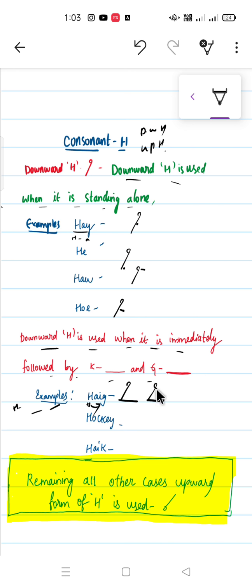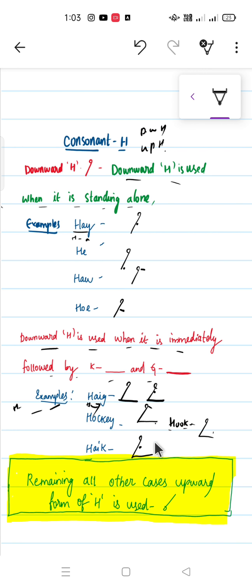That's why H downward and G. Vowel is falling to H, so falling side heavy dot, because we are telling it as heg. Got it? Next we have hockey. So hockey, first place, above the line, HK, hockey. Got it? Next hake on the line, HK, hake. We have different examples like hook also. In hook K is coming after H, so downward H, K.